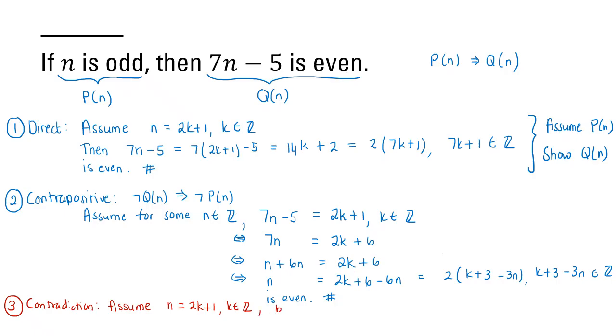But, and let's just be very clear, we are assuming to the contrary that 7n minus 5 is not even as promised. 7n minus 5 is actually odd. Let's say 2l plus 1, where l is an integer. We are going to try and use these two facts to construct a big contradiction.